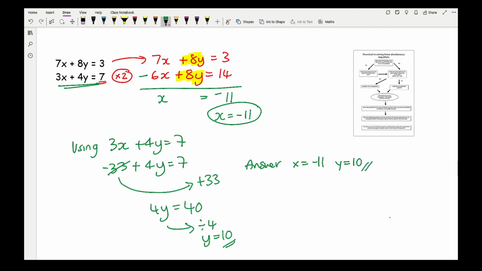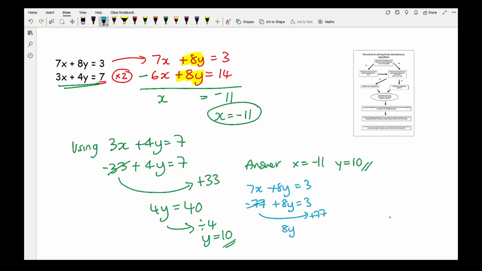Now if I picked the second equation, so here I used the bottom equation, but if I used 7x plus 8y equals 3, now again, knowing that x equals minus 11, I'm going to have minus 77 plus 8y equals 3. So I add the 77, so that disappears.